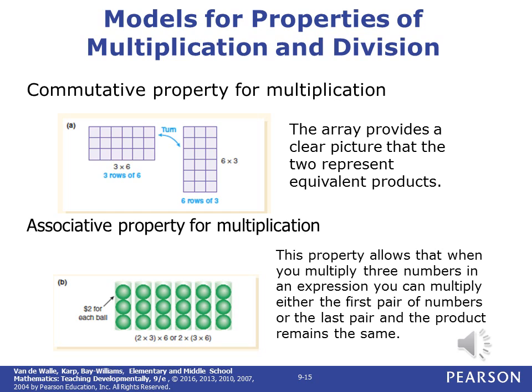Please figure out the total cost of balls that they will have to pay. Well, you could illustrate to them that they could do the multiplication in any order. They could do the $2 times the 3 balls per can of tennis balls and get that they're paying $6 per can, and then multiply that by the 6 cans to get $36.